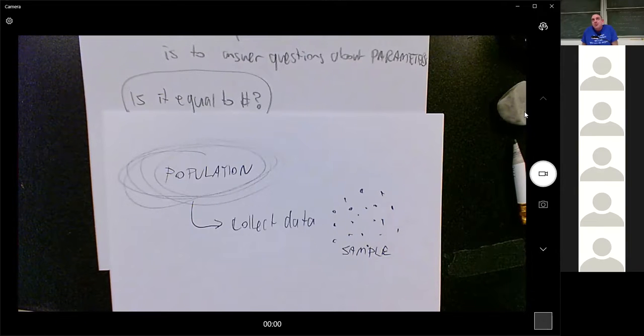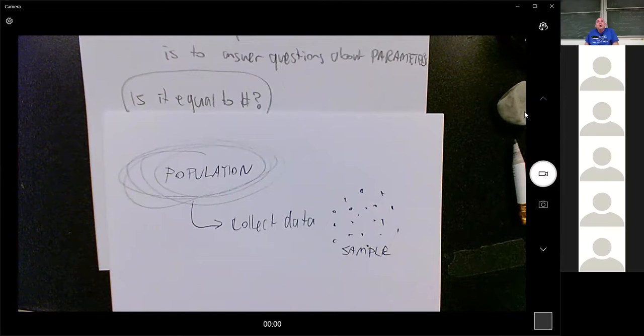And we take that sample and we ask ourselves, based on the information in our sample, is my population parameter equal to a number that I'm thinking of? Or what is it? And you can never know for sure either of the answers, because the population doesn't exist yet, or if it does, it's too big to measure all of it.